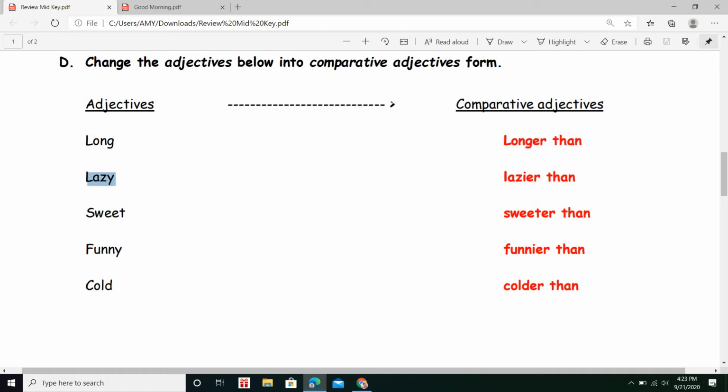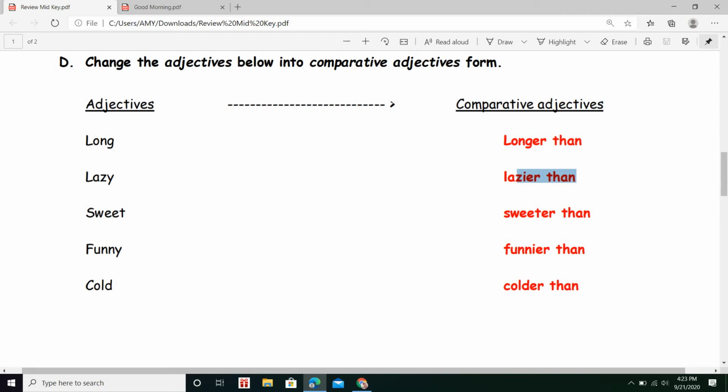For lazy, I need you to remember lazy is an adjective that ends with the letter Y. So to change lazy to a comparative adjective, we need to erase the letter Y, or cross out the letter Y and change it to I, and then put er, then it becomes lazier than.